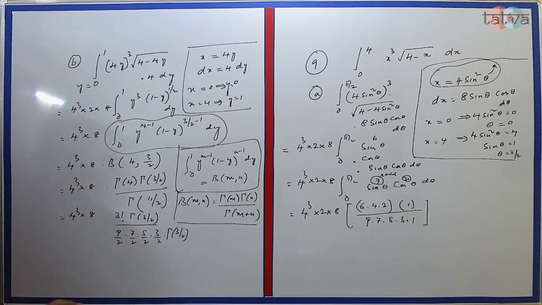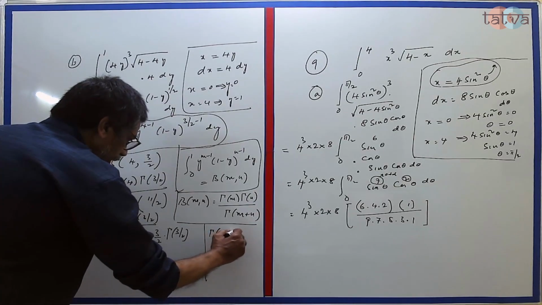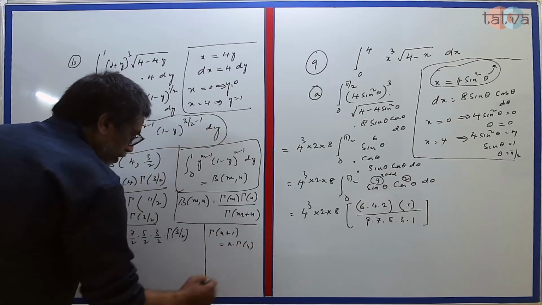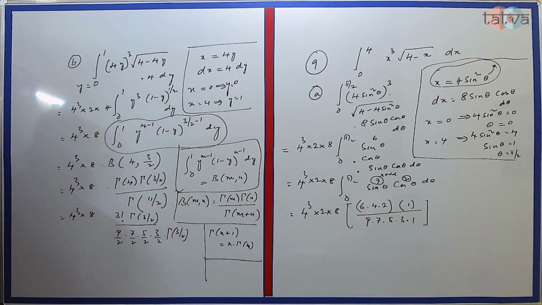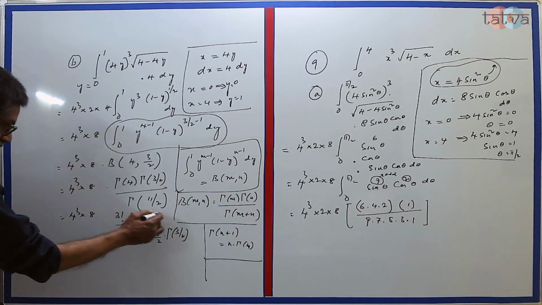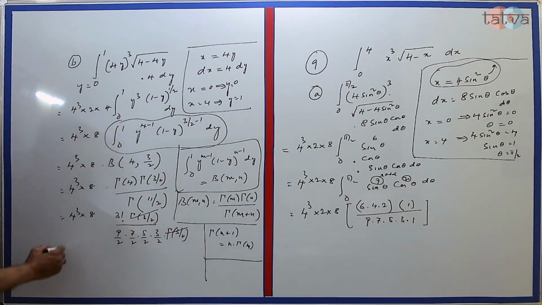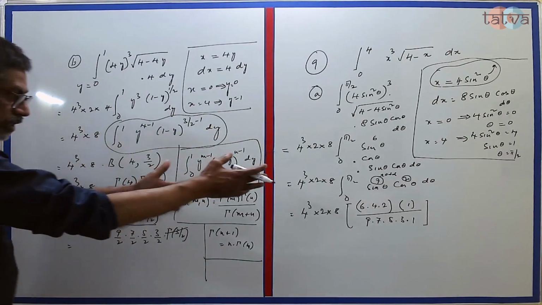Where is all this coming from? Don't forget, there is a rule, gamma n plus 1 is n times gamma n. So I've used this repeatedly in this situation, and you can see why I did all these things. The gamma 3 by 2 gets cancelled, and all that you need to do is simplify this result, and this will finally tally with that.